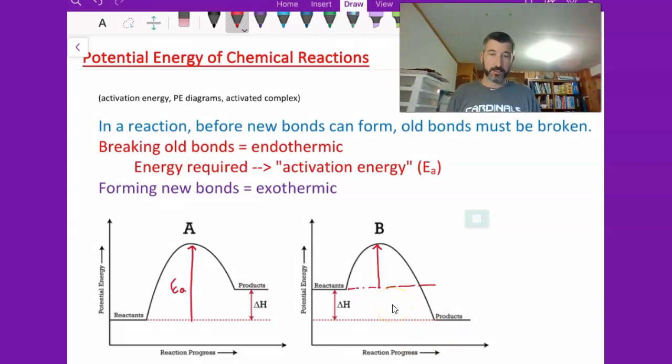If you were to draw a potential energy diagram for lighting a match, it's going to be shaped more like the second one, but with a much smaller activation energy hill and a much larger downhill, right? So here you're lighting a match. It doesn't take a lot of energy to get the reaction started, but then it gives off a lot of energy as it goes. So a very exothermic reaction with a small activation energy. Lighting a match would be an example of that.